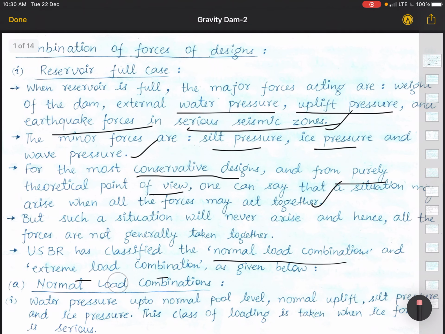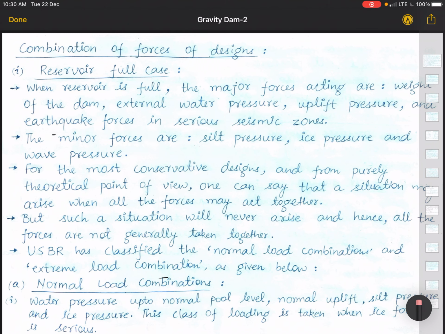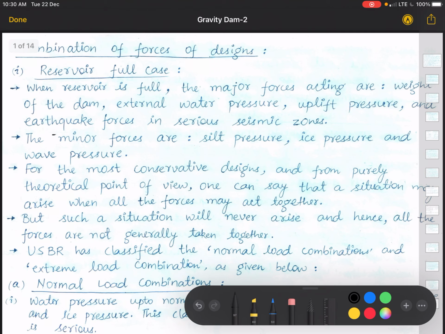So what is normal? Let us see. Water pressure up to normal pool level, normal uplift, silt pressure and ice pressure. This case of loading is taken when ice force is serious.